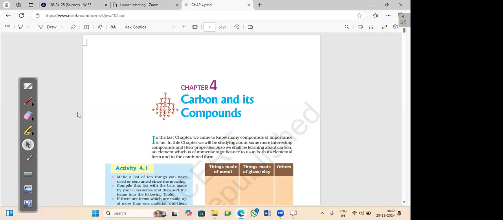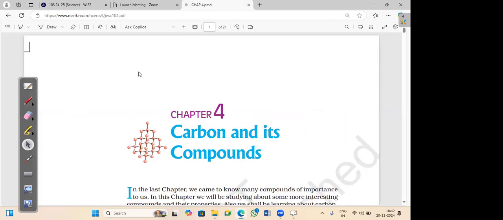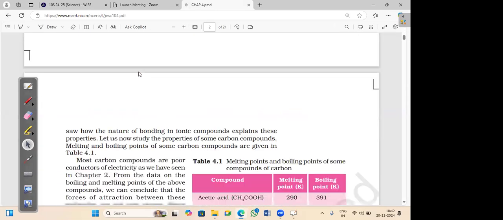Then identification of hydrocarbons. That means how can we differentiate between alkanes, alkenes, and alkynes? That is the next topic.